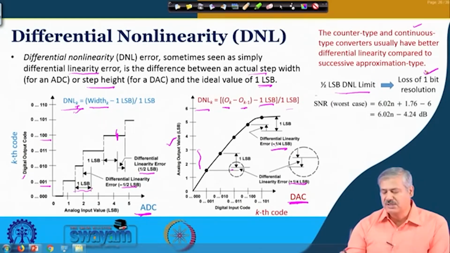So 1 bit loss means basically 6.02 n if n bits are used, so roughly 6 dB less. The SNR will correspondingly decrease for a DNL value of that order. This is something we need to take note of.